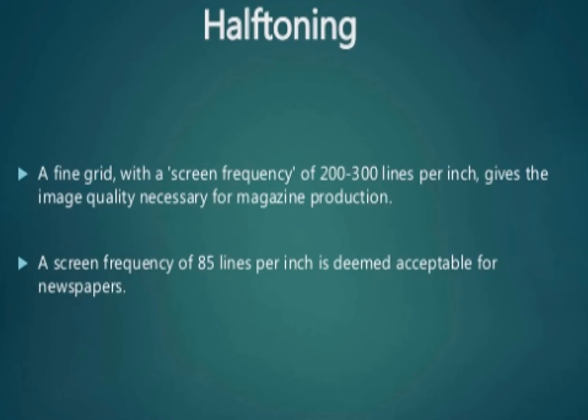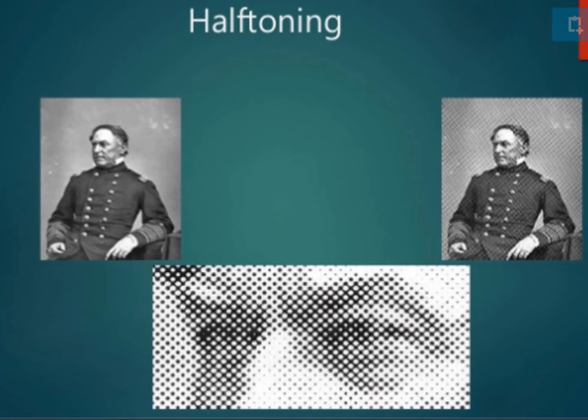A fine grid with a screen frequency of 200 to 300 lines per inch gives the image quality necessary for magazine production. A screen frequency of 85 lines per inch is deemed acceptable for news. This is one such example. You can look at the original image and the binary dotted image. Now we can clearly perceive the image.